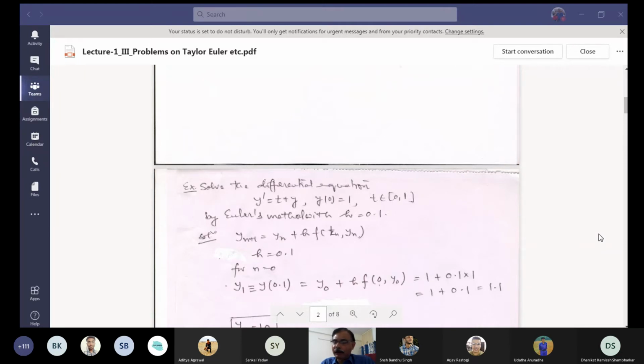So use that y1 to calculate y2 for the midpoint method. Take h equal to 0.1, and calculate y2 and tell me.